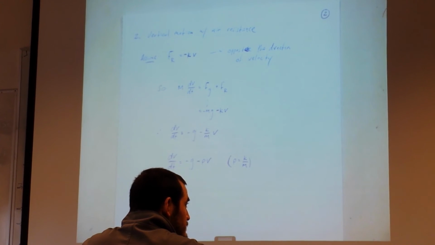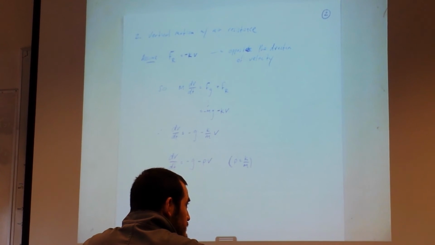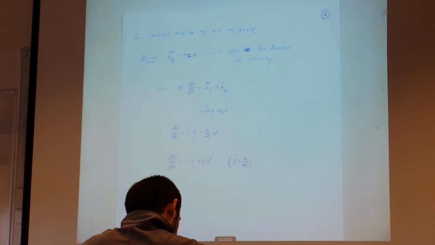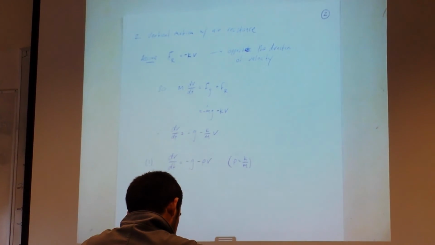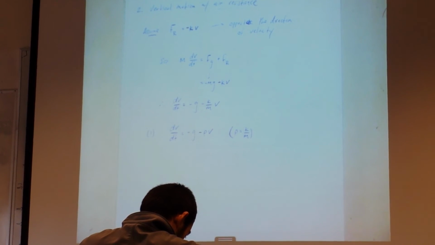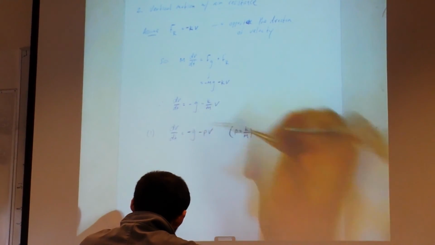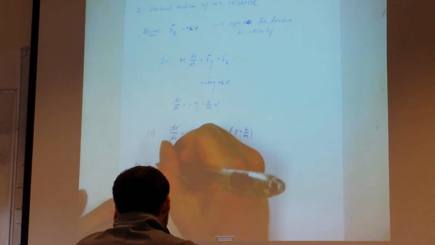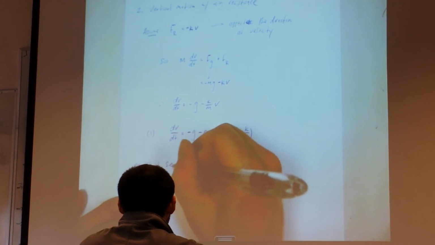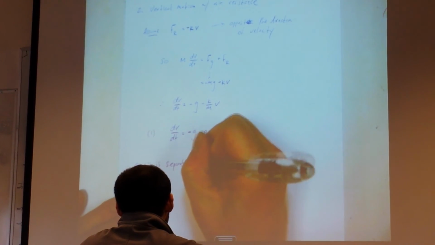That height function would be the same, just translated over 10 seconds. All right, so I'm calling this equation 1. Now, equation 1 is separable, just because of the fact that there's no t over there.